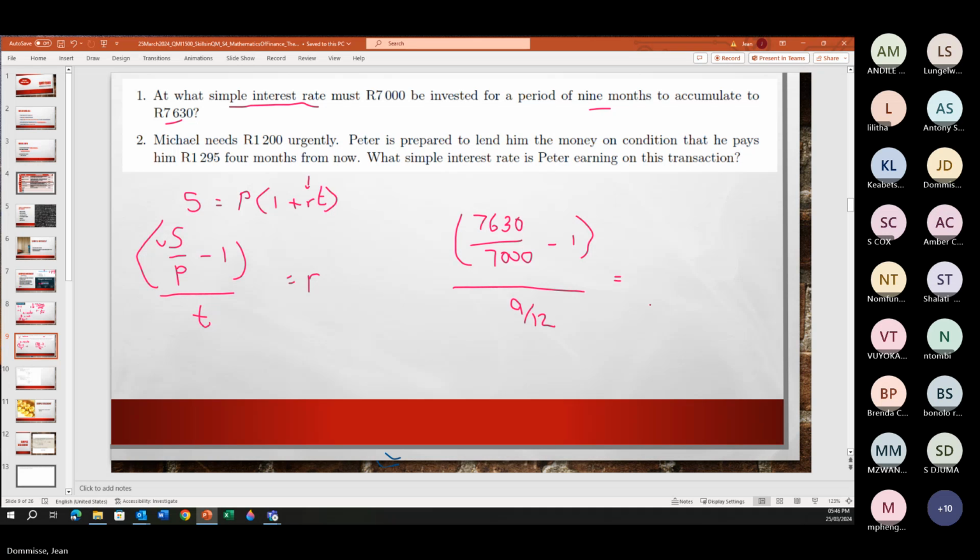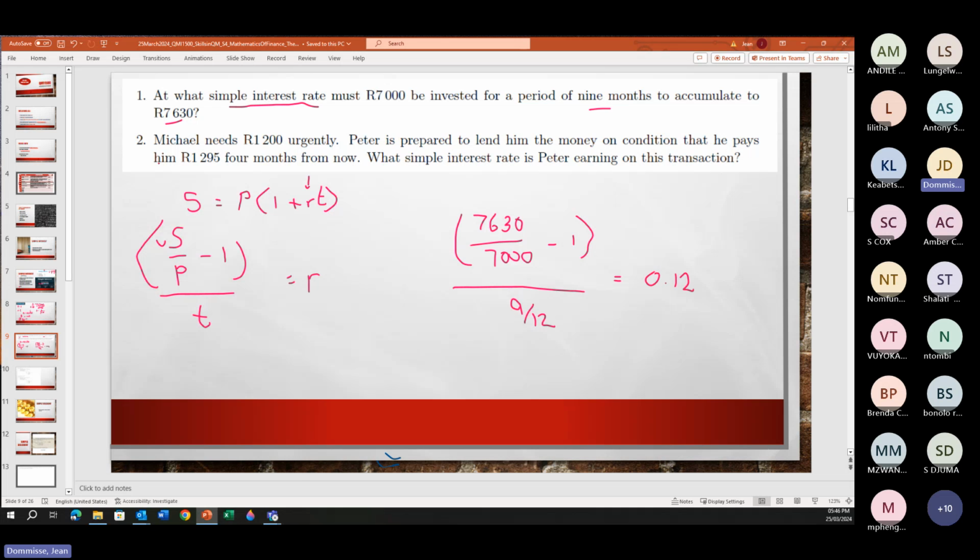So 7630 divided by 7,000 gives us 1.09. If I subtract 1 from that, it gives us 0.09. And if I divide that by 9 over 12, I get that my interest rate is 0.12.